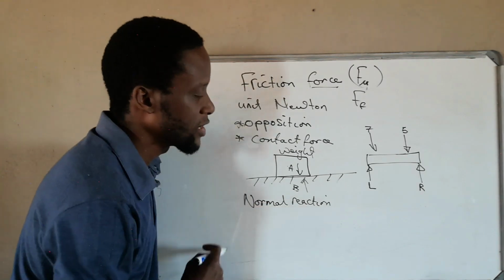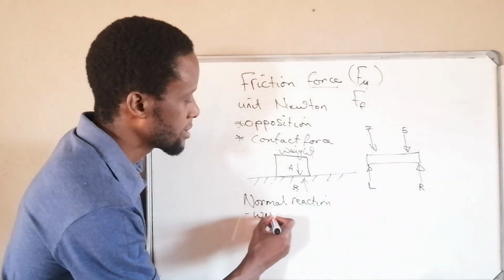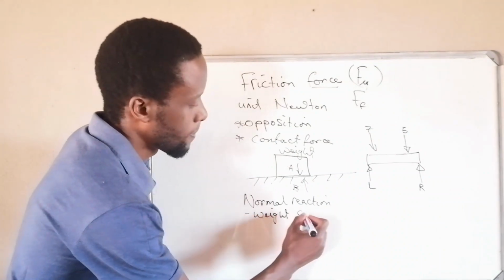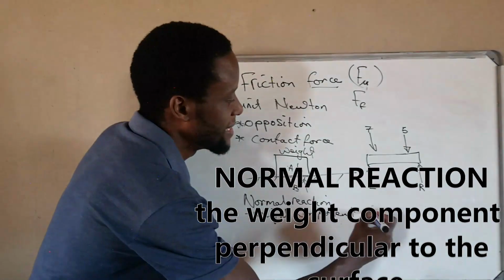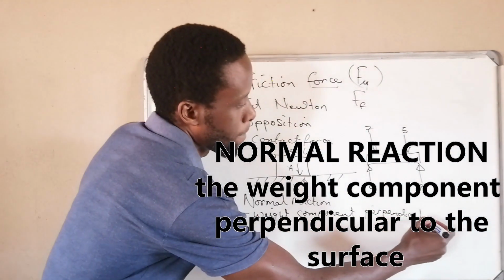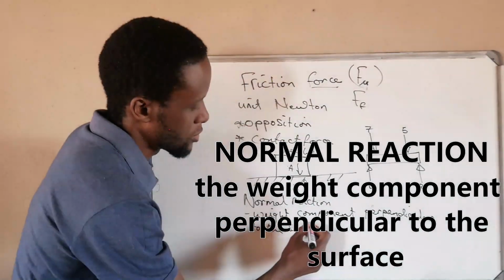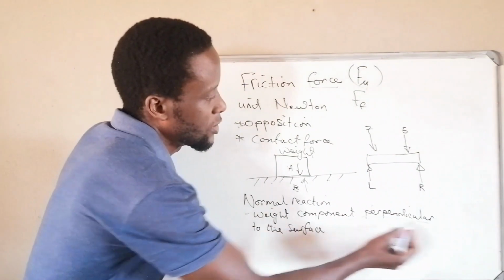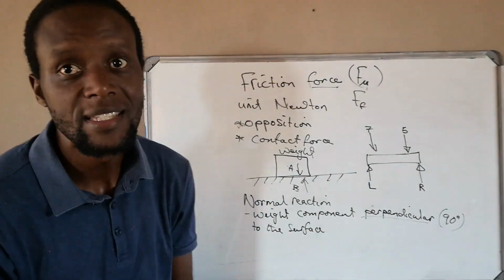So the normal reaction of the surface is the weight component perpendicular to the surface. It is always perpendicular, and we know that means 90 degrees.